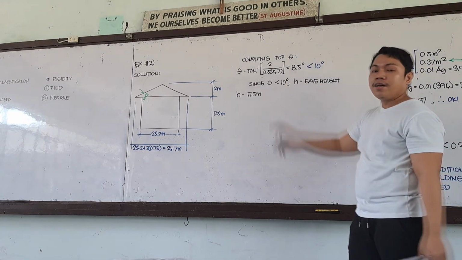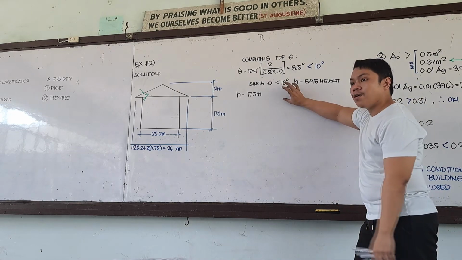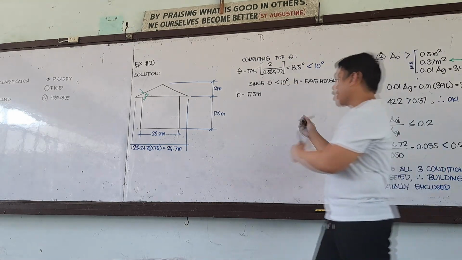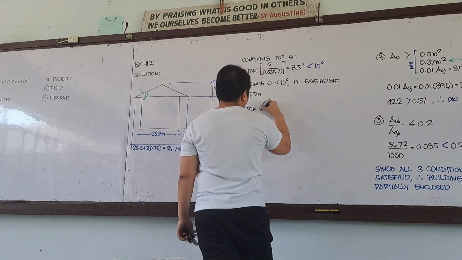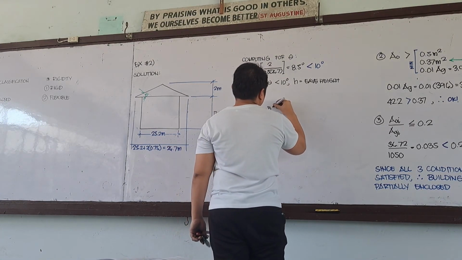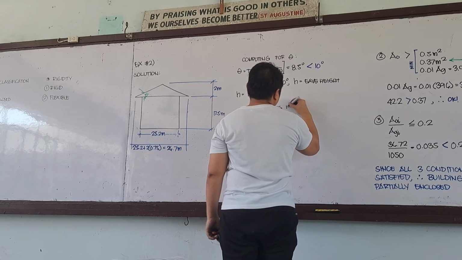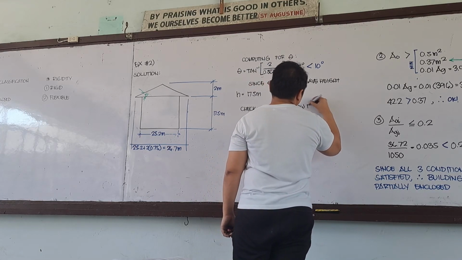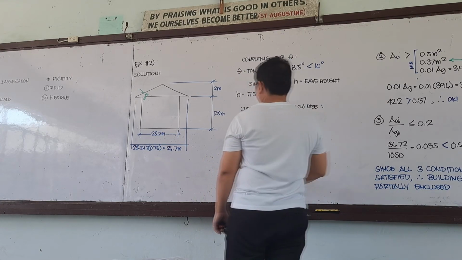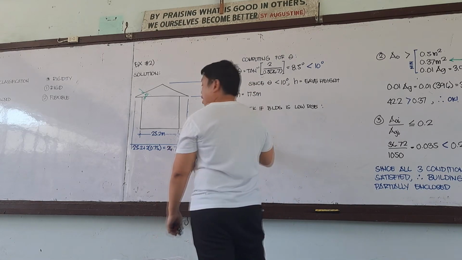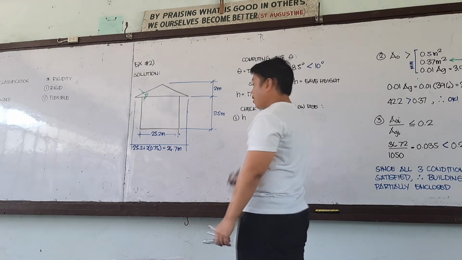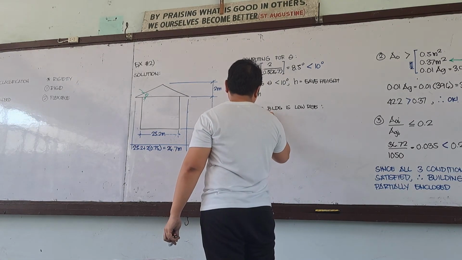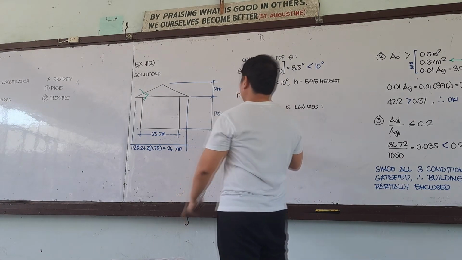Since we already have our mean roof height, let's check if the building is low rise. What is the first condition? H is less than or equal to 18 meters.